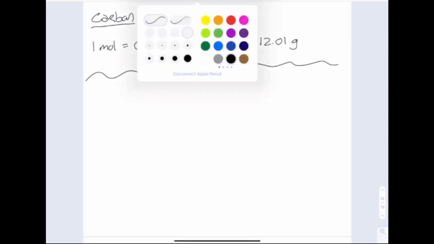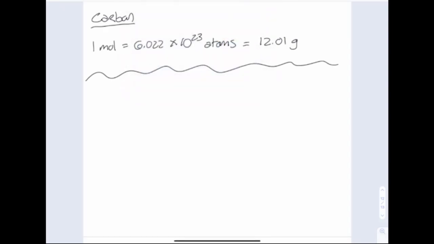What we're going to do, and we can think of these as conversion factors, is this: if I have 1 mole of something, and it doesn't matter what it is, then there are going to be 6.022 times 10 to the 23rd of those things.